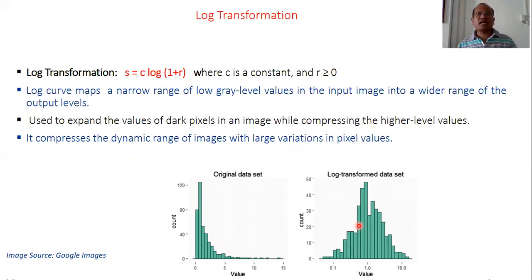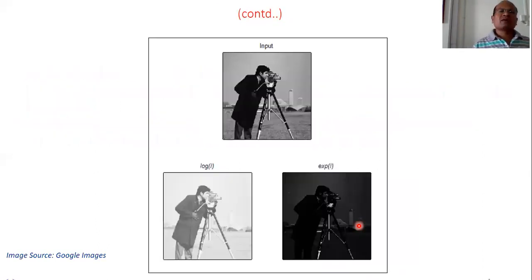It is used in different applications, especially when we are interested in modifying the contrast of an image. This is one example where this is the input image, this is the logarithm, and this is the anti-logarithm component. When you calculate the logarithm, you will get this image.